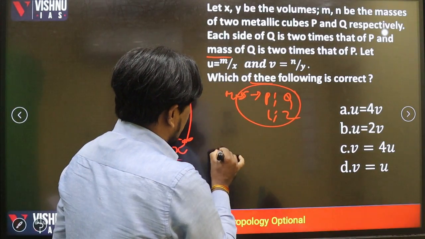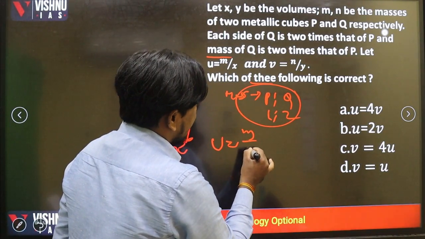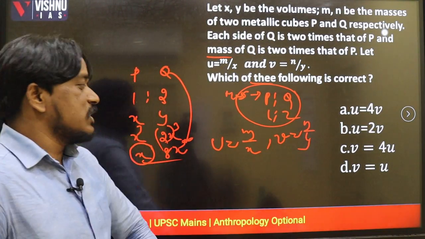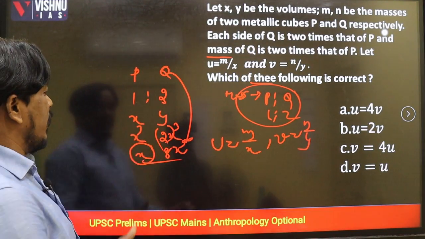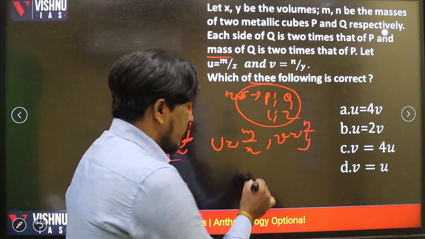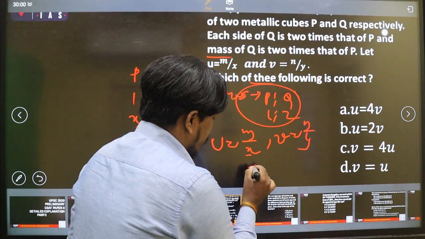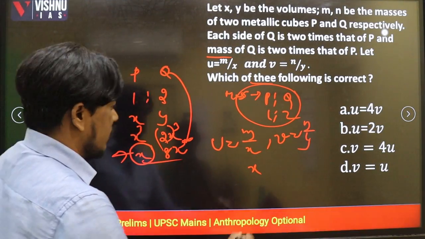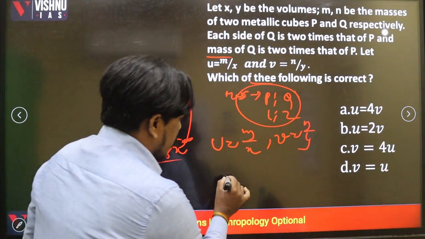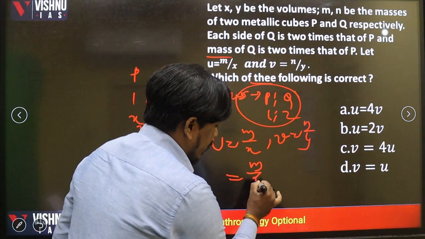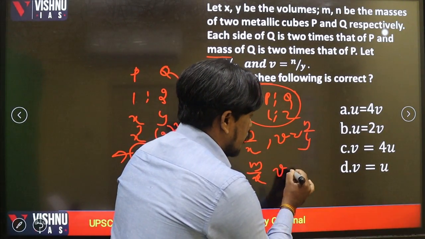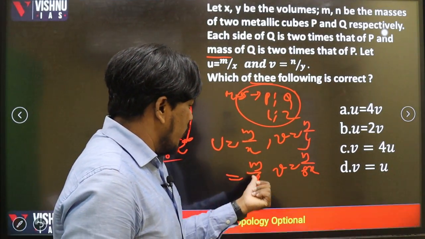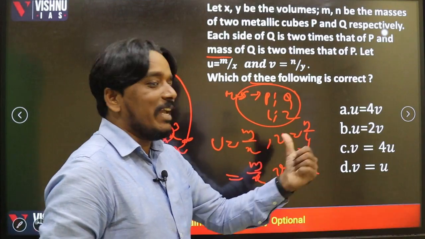Now U is equal to m by x and V is equal to n by y.